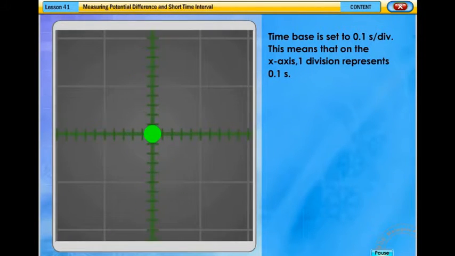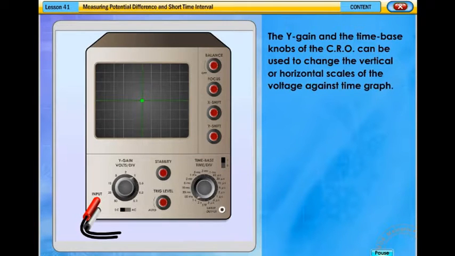This means that on the x-axis, 1 division represents 0.1 second. The Y gain and the time base knobs of the CRO can be used to change the vertical or horizontal scales of the voltage against time graph.